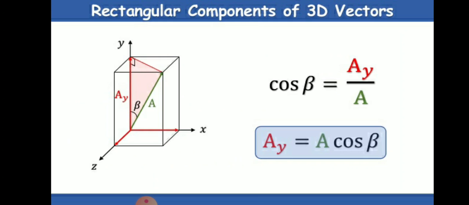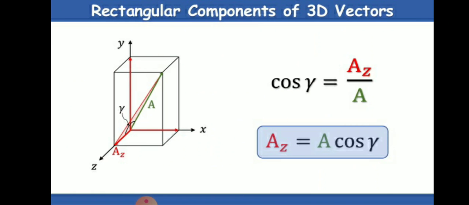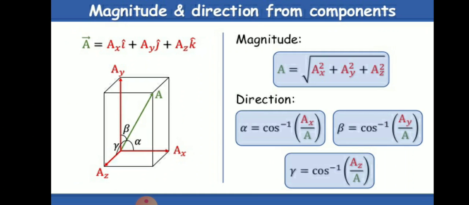Cos beta is equal to Ay by A. Therefore Ay is equal to A cos beta. Cos gamma for the z-axis is Az divided by A. Az is equal to A cos gamma.